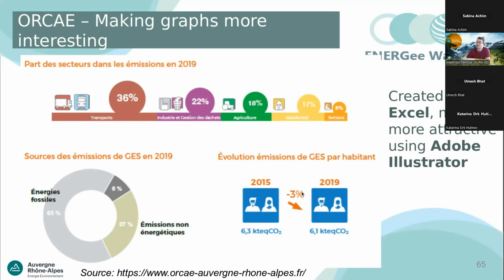Here we just have a very quick number which gives the trend about the GHG, greenhouse gases emissions, and we give just the small trend of -3% between 2015 and 2019. So just to illustrate the fact that we are not quite ready to achieve our goals in terms of greenhouse gases emissions yet.